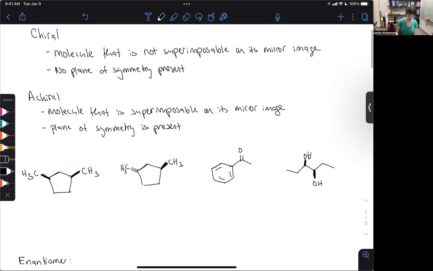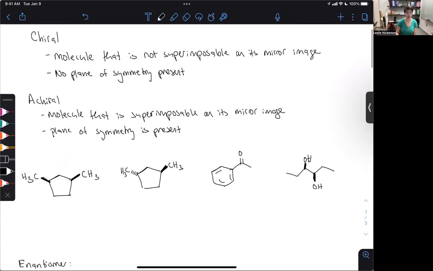So if we just look through these molecules that I have as examples here, let's start with the one on the left. This molecule, we've got CH3s both on a wedge, and then we have them evenly spaced on this 5-member ring, okay? So there is going to be a mirror plane right here. So that's our plane of symmetry.